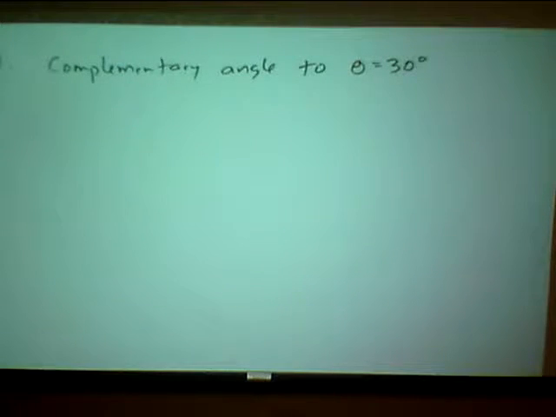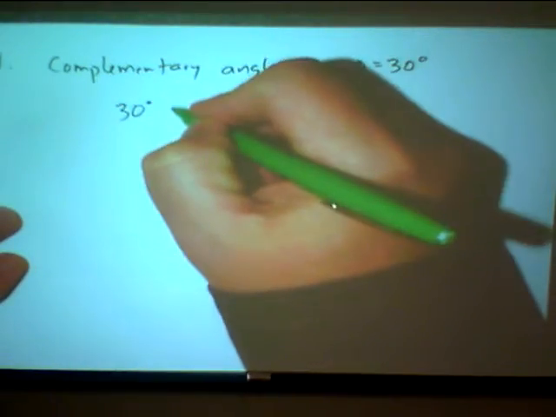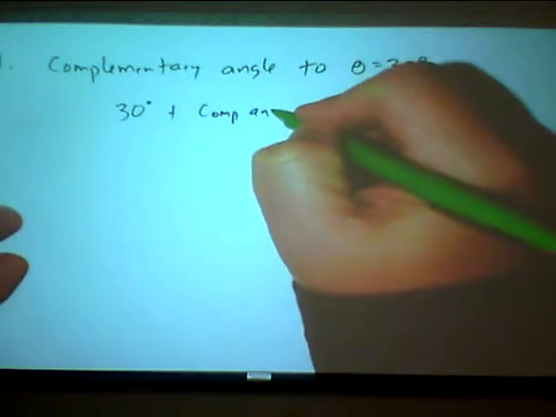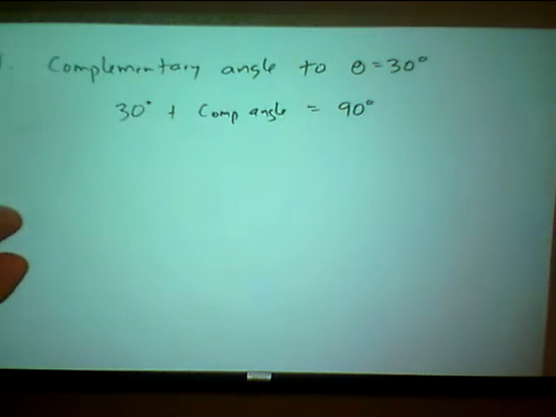Complementary angle is the angle that you have to add to another angle to equal 90 degrees. So if I'm given an angle of 30 degrees, I have to add the complementary angle to get a total of 90 degrees.